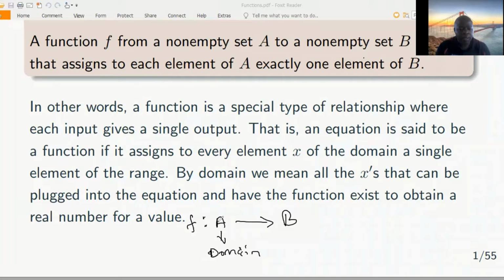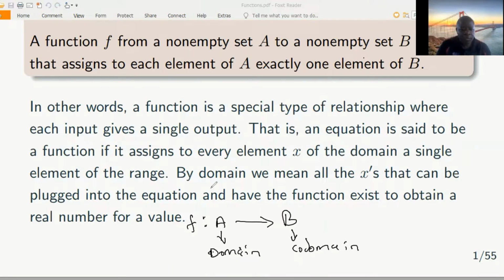So the domain is the set from which we are mapping, the set that has the objects. And this other set that has the images is what we call the codomain.